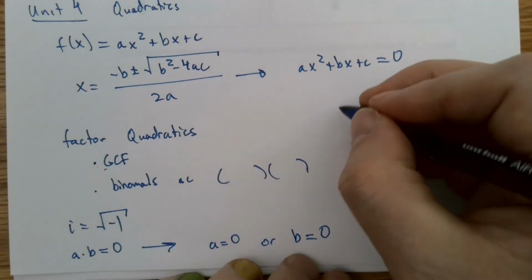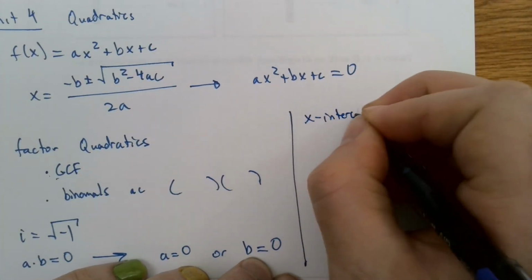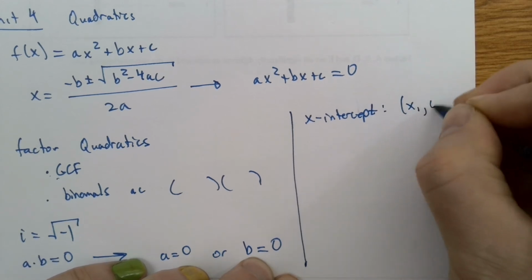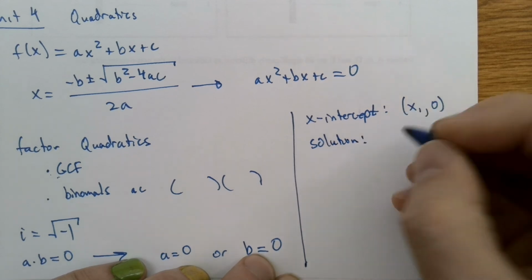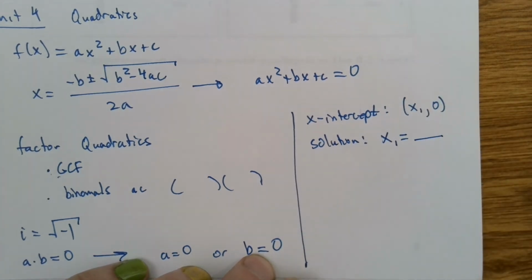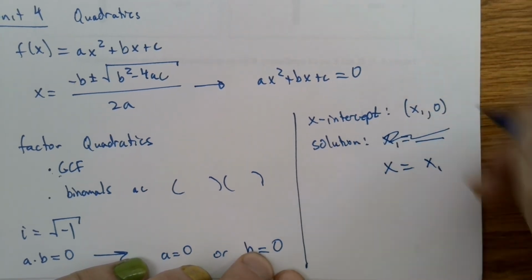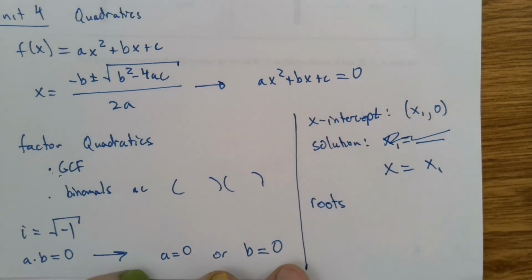And then kind of as a side here, we learned that the x-intercept, which was written like this, let's say x1 comma 0, was also related to the solution. That was x1 equals something, that was x equals some value, like the x1, which was the same thing as the root of the equation. So all three of these meant exactly the same thing.